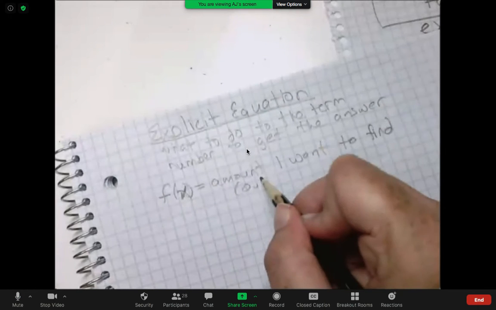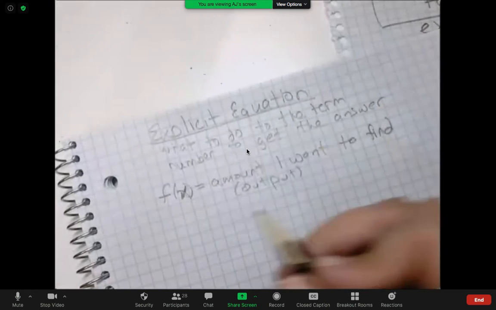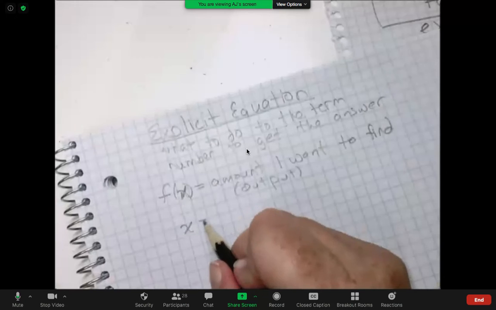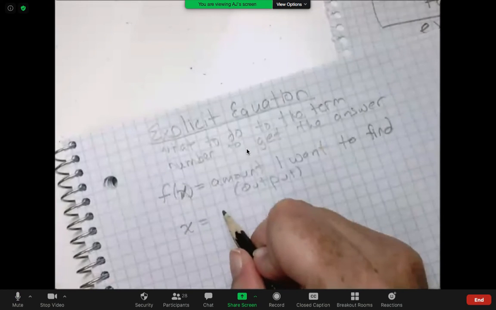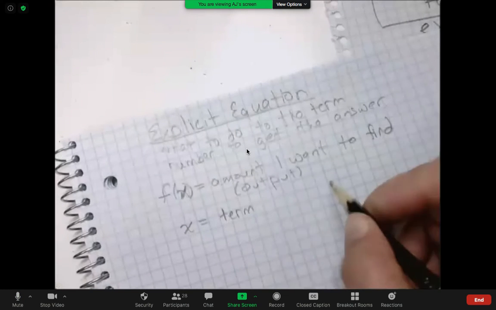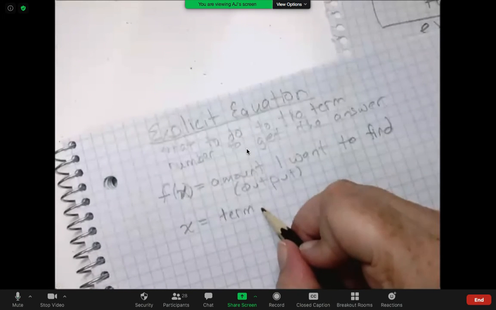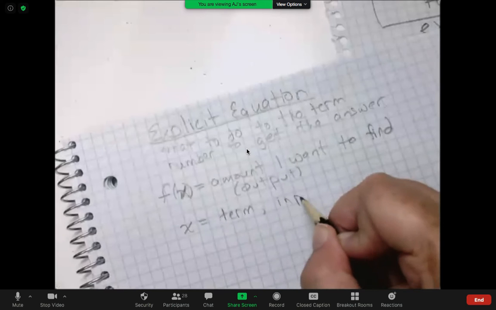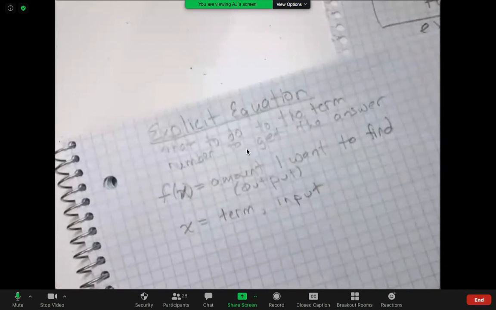That's called the output. X is the term that I'm looking for, and it's the input. So if I want to find term 213, then X is 213. If I want to find the answer for term 213.